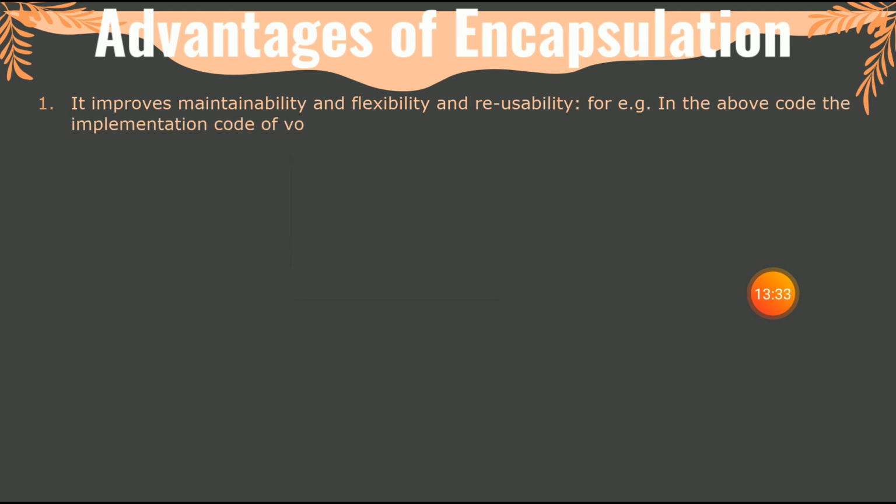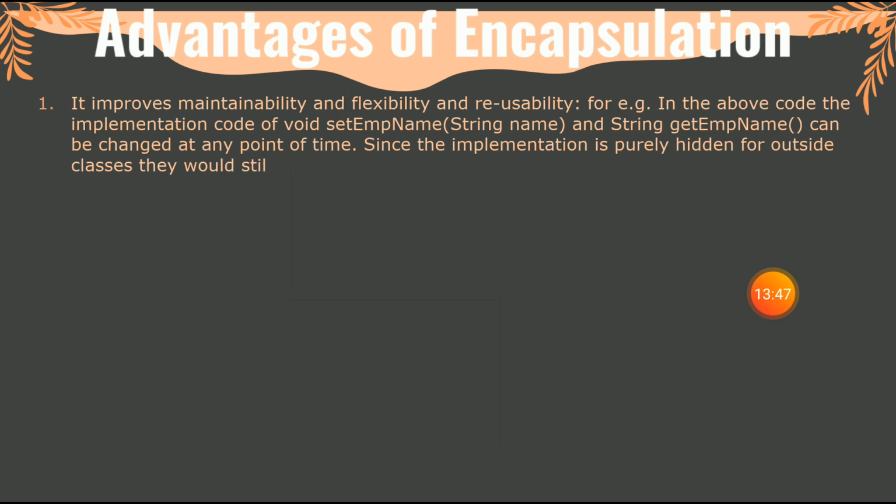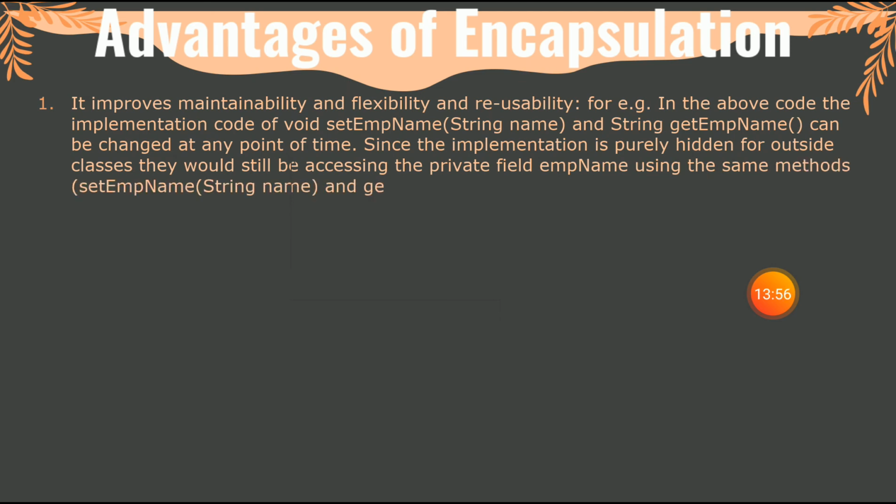For example, in the above code you can see that the implementation of void setEmployeeName(String name) and String getEmployeeName can be changed at any point of time. Since the implementation is purely hidden from outside classes, they would still access the private field employeeName using the same methods, setEmployeeName and getEmployeeName.